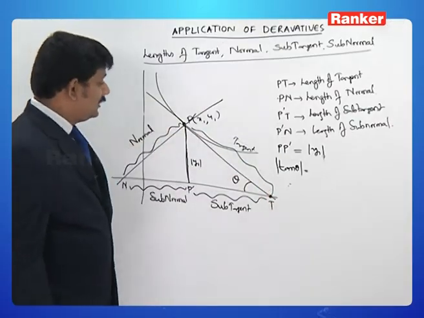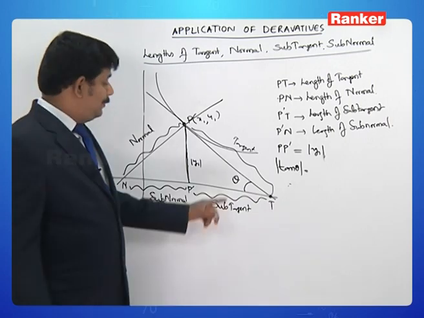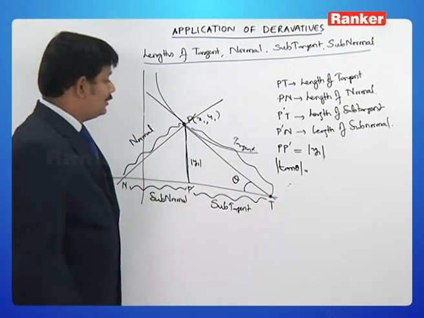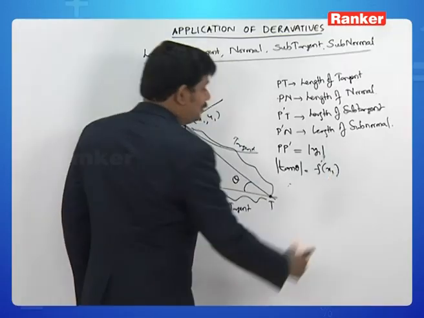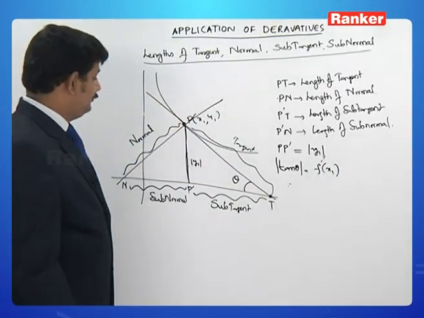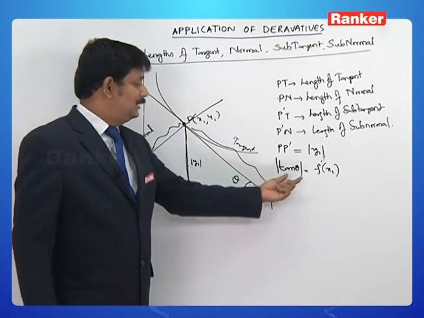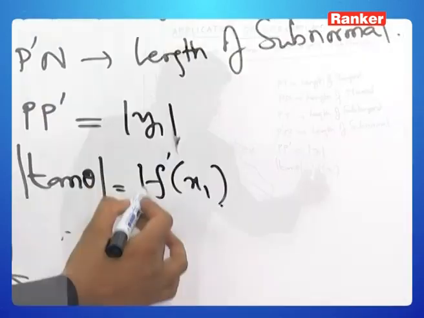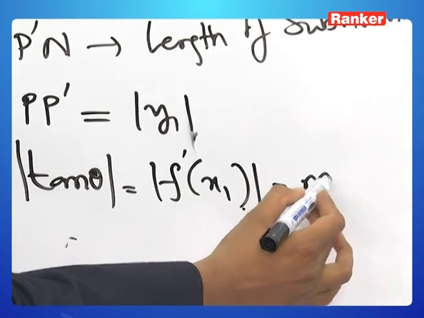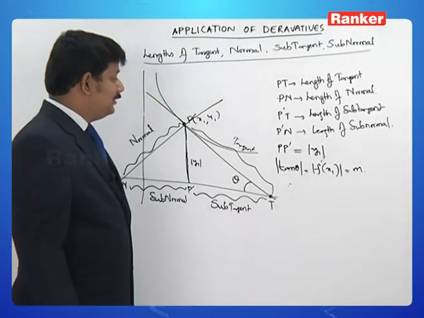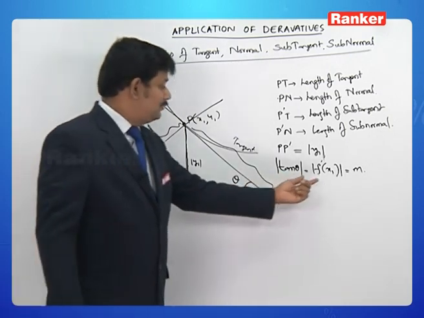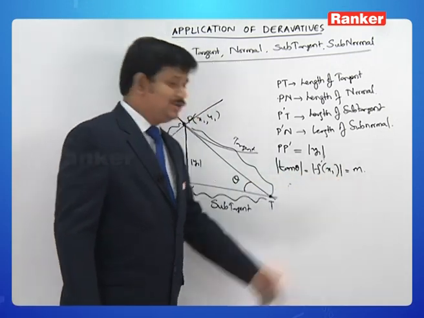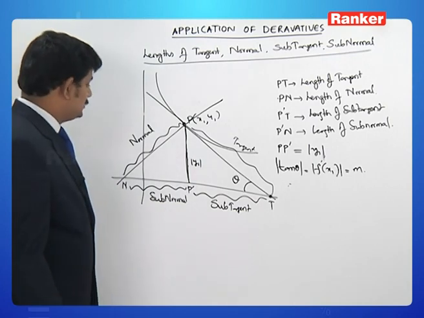So modulus of tan theta we can get from the slope of the tangent, and slope of the tangent is f dash of x1. So modulus of tan theta is equal to modulus of f dash of x1. Let us call this term m, slope of the tangent.